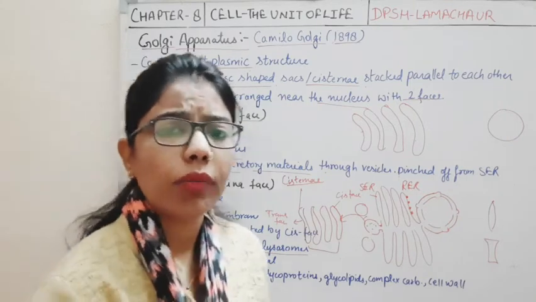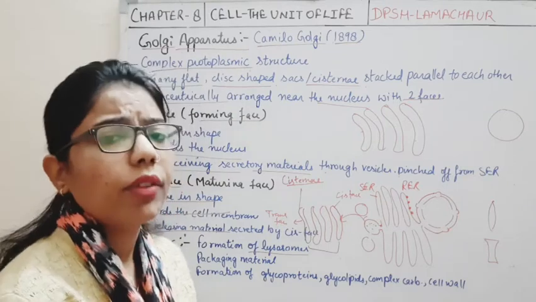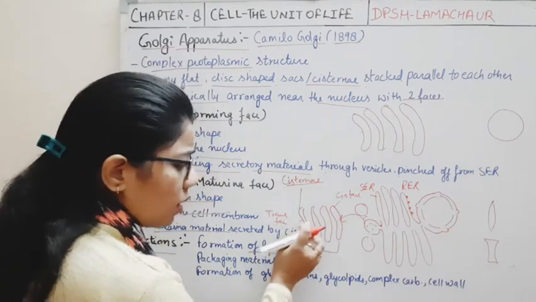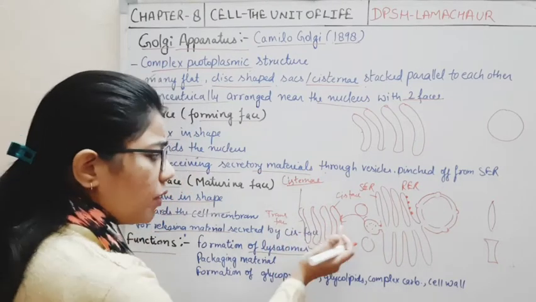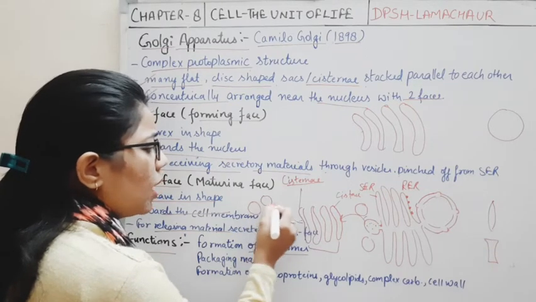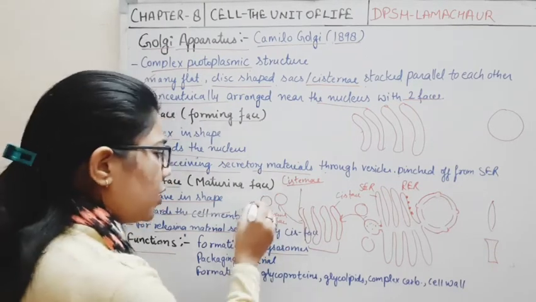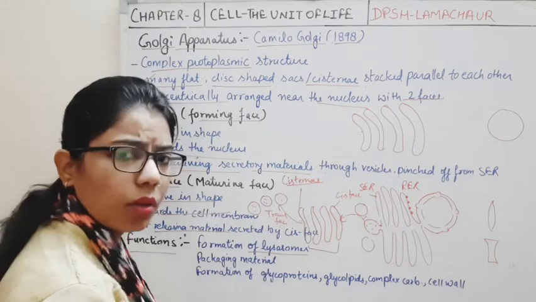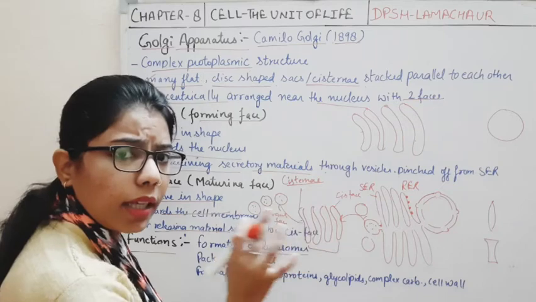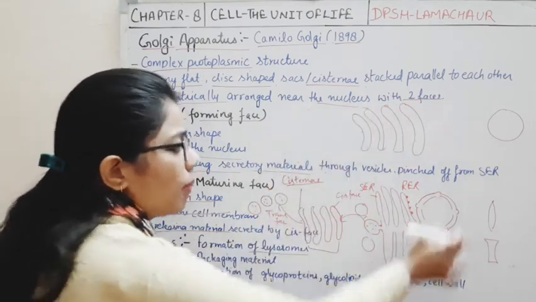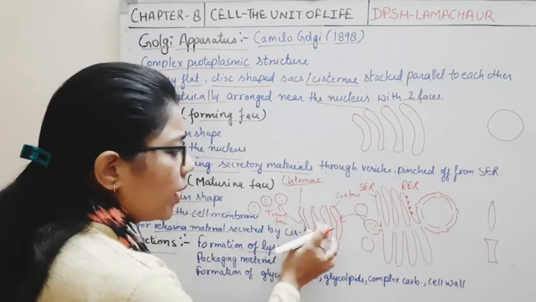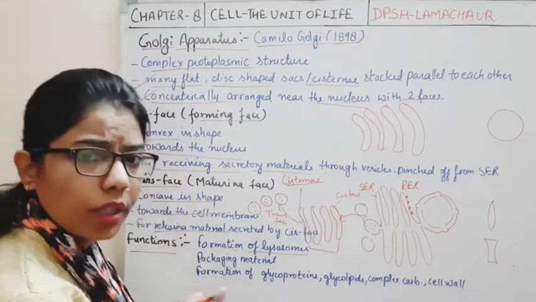It contains some enzymes which are helpful for lysing. After the vesicle comes from the endoplasmic reticulum, it will form some lysosome-like structures containing the enzymes. Sometimes it also forms glycolipids and glycoproteins for the cell membrane. So we can say that the formation of lysosomes takes place with the help of the Golgi bodies.